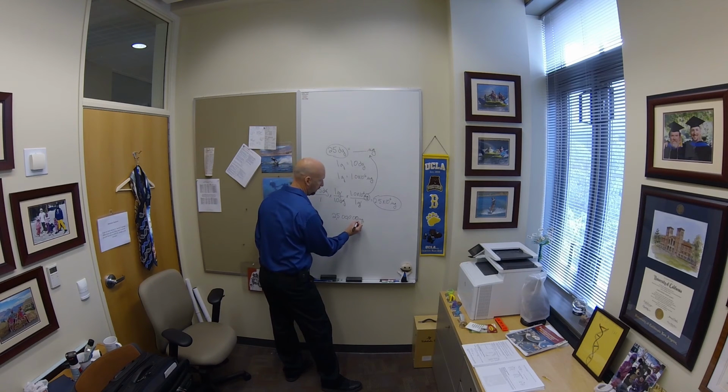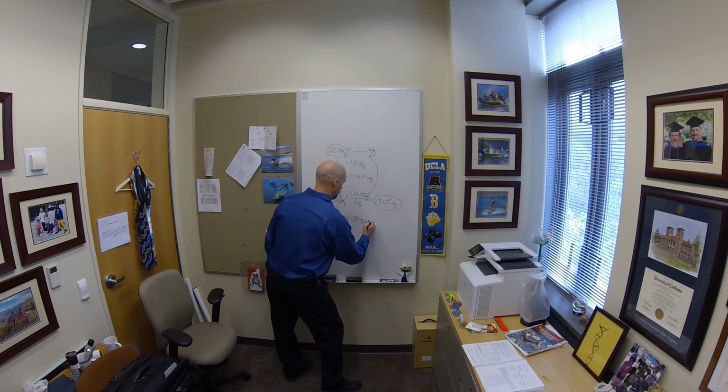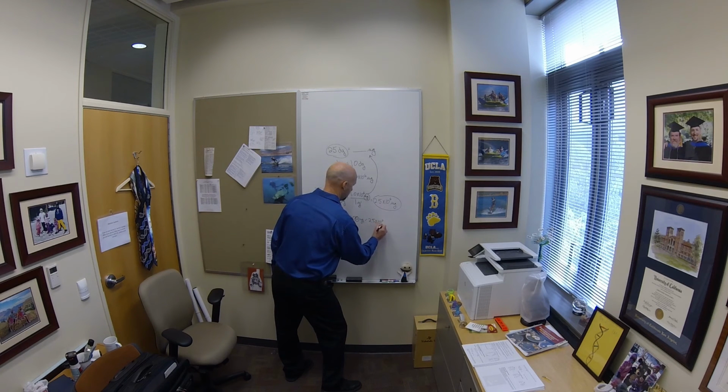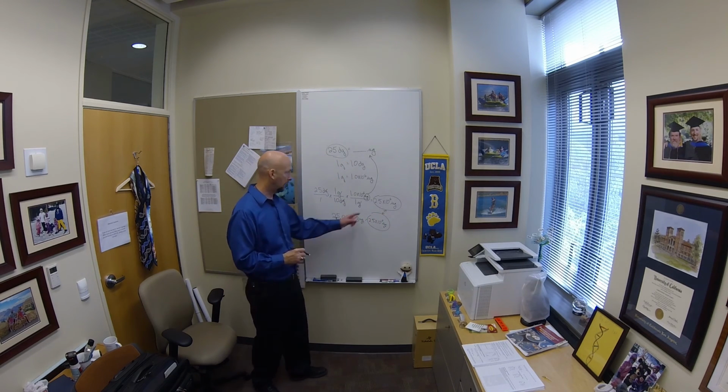So let's count how many numbers we have to skip to get there. 1, 2, 3, 4, 5, 6. Here's where we want it. So that means it's 2.5 times 10 to the 6th micrograms, which is what I already wrote. I just wanted to show you how I got there.